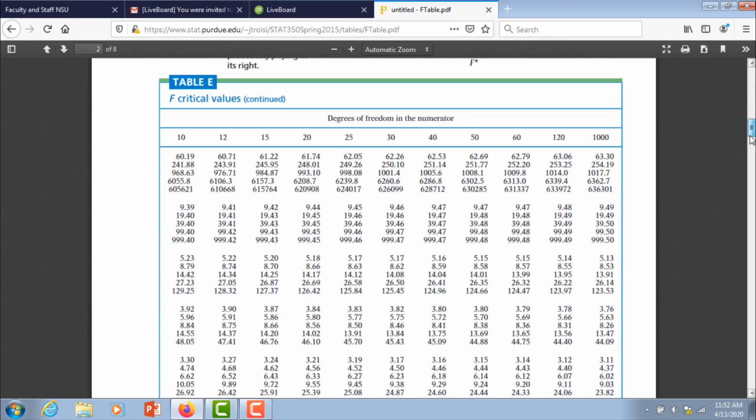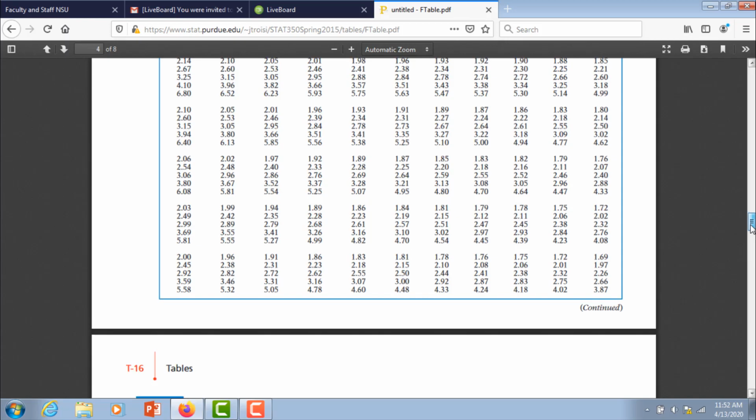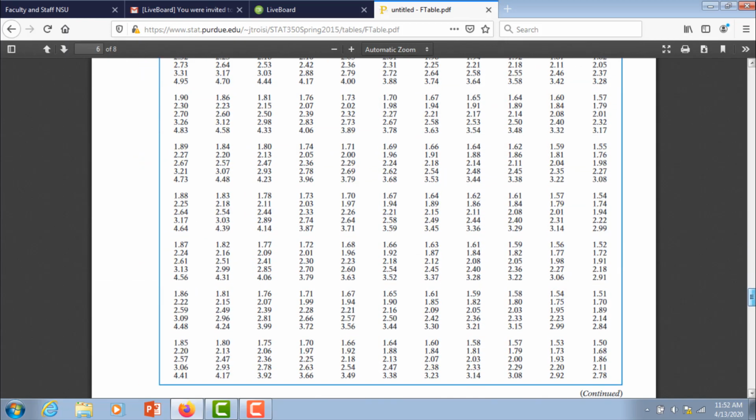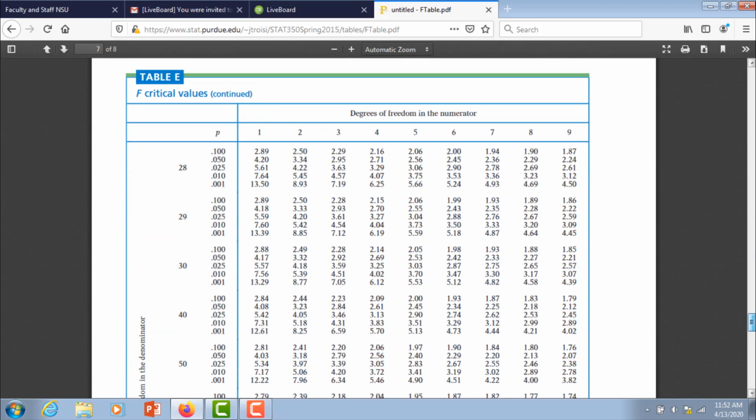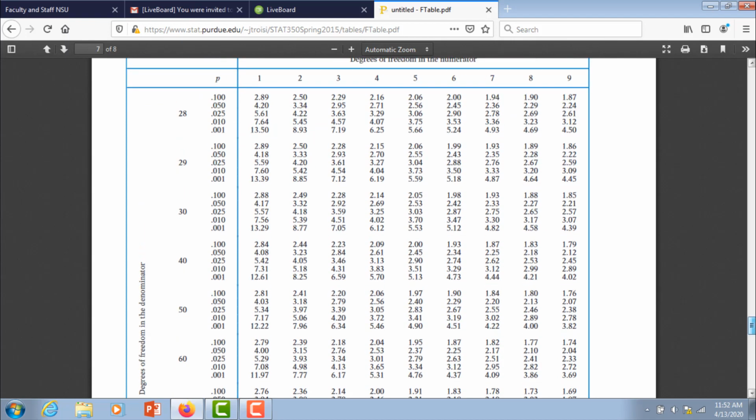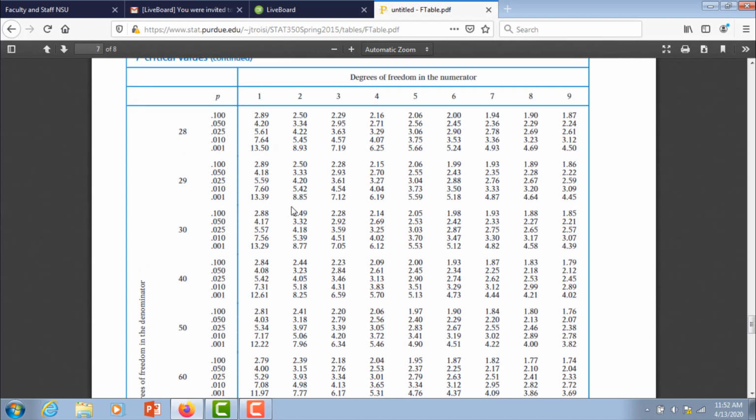So let's scroll down a little bit. Okay, maybe a whole lot. So we're scrolling, we're scrolling, we're scrolling, and once you hit 30 degrees of freedom in the denominator, we jump to 10-point increments. I would go in this case with 40, just round up.